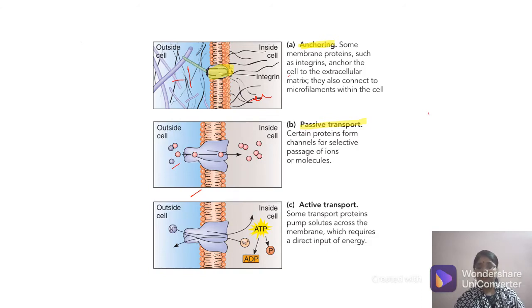They act as carrier molecules, and they also help in active transport. I hope you know at least this much about passive and active transport: passive transport is along the concentration gradient and doesn't require energy, and active transport is against the concentration gradient and requires energy. We will talk about it in detail about how it happens. So this is the role of various proteins.